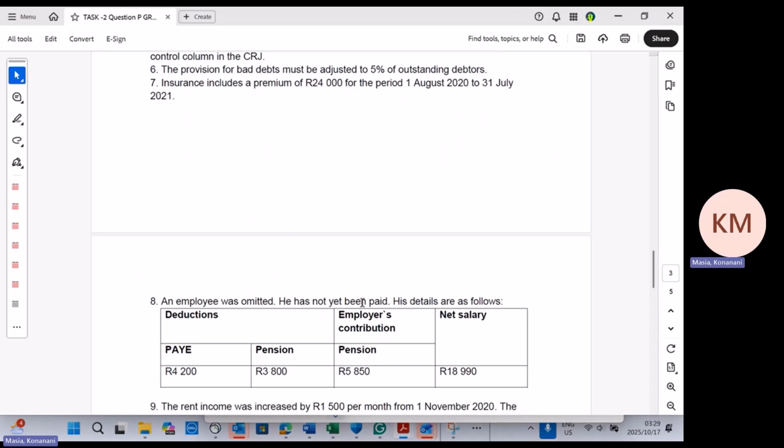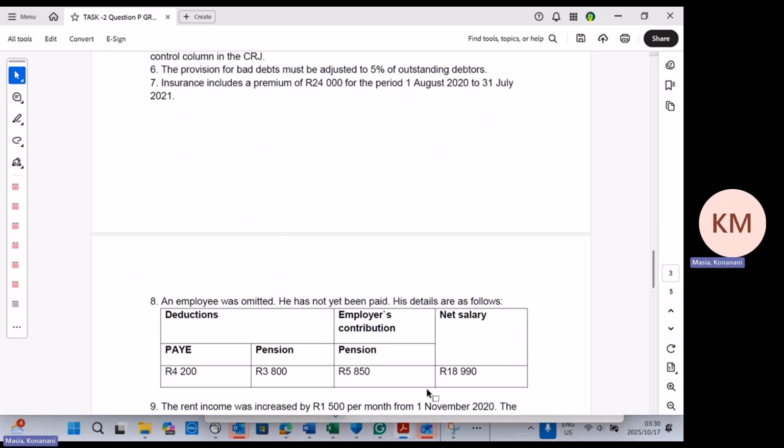That means whatever salary is there, it didn't take this into account because it was omitted. Remember, it's the whole salary, including the employer's contribution, because the employer contribution is also a salary. Even though they are contributing to a pension fund, you need to consider not the net salary but the whole salary, including the employer contribution.